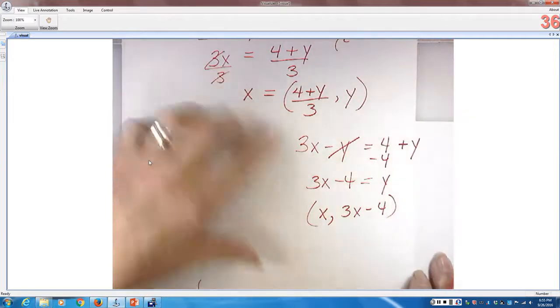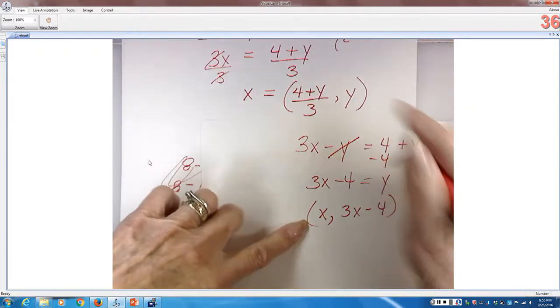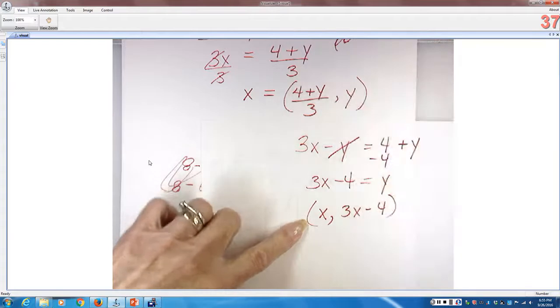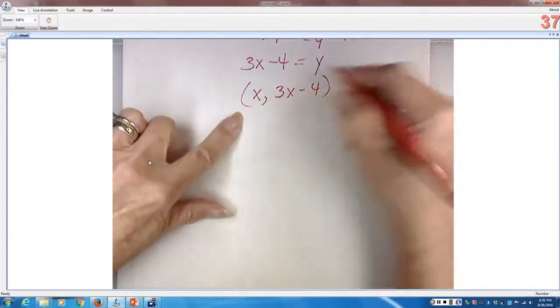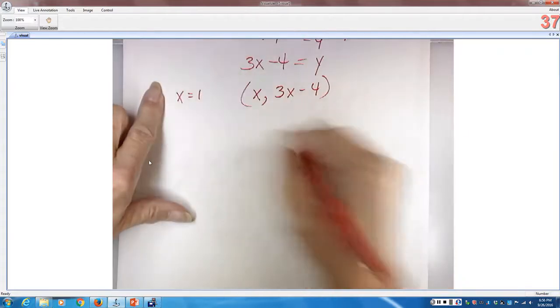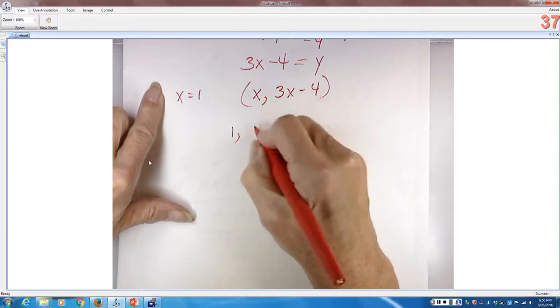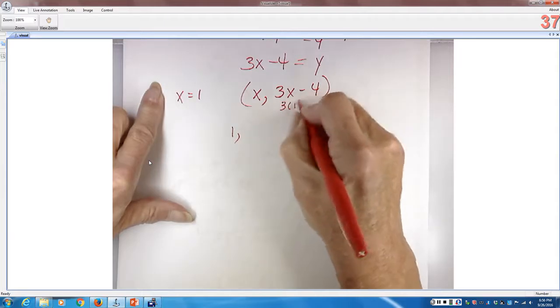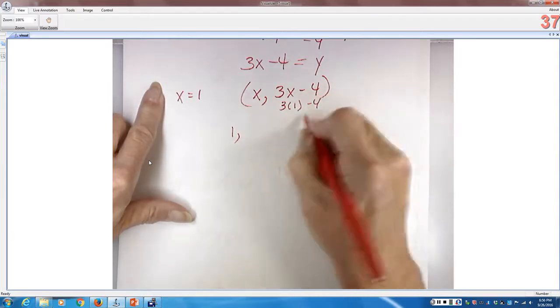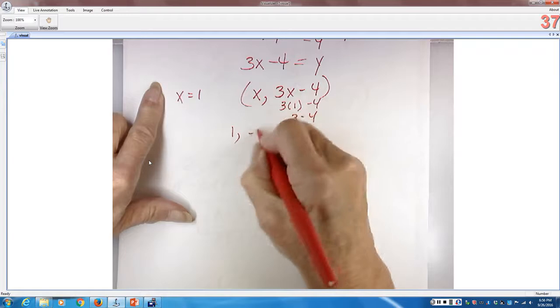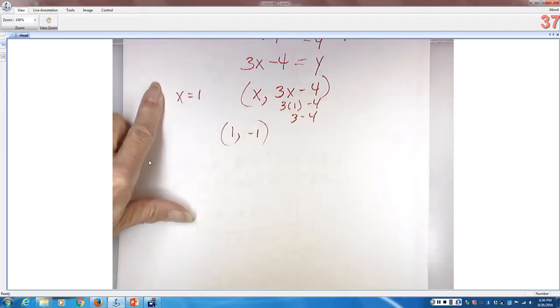Using the wrong one. Come down here and do it. We take x equals 1. We get 1, comma, 3 times 1 minus 4, which is 3 minus 4, so that's negative 1. We get 1, negative 1.